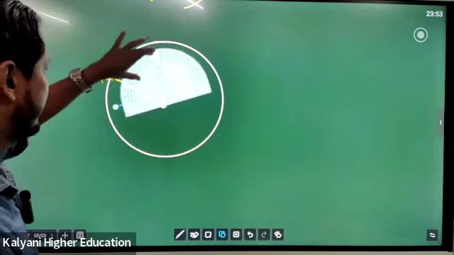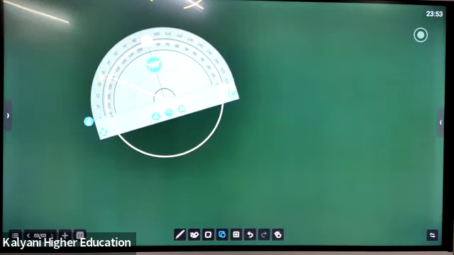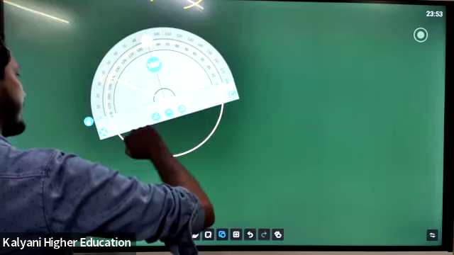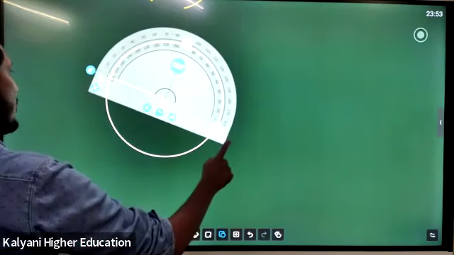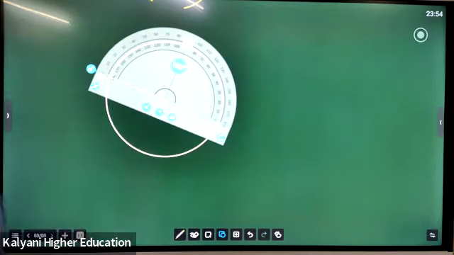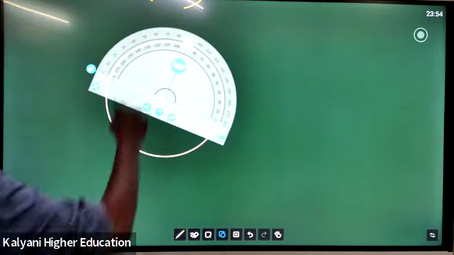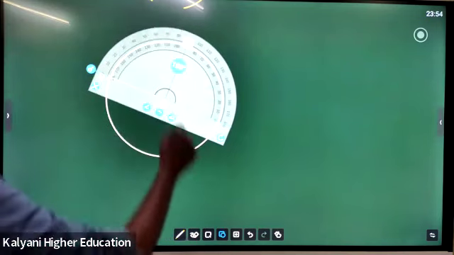Using the protractor, draw the sector POQ such that POQ equals 60 degrees. O is here, the midpoint. Then I need 60. 60 means we are here, am I right?